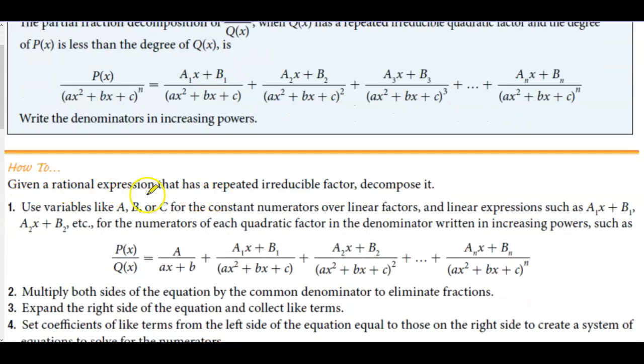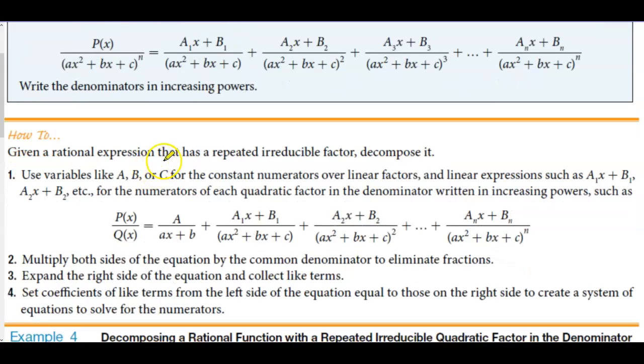So given a rational expression that has a repeated irreducible factor, we're going to decompose it. Number one, we're going to use variables like a, b, or c for the constant numerators over linear factors and linear expressions such as a1x plus b1, a2x plus b2, etc. for the numerators of each quadratic factor in the denominator written in increasing powers.